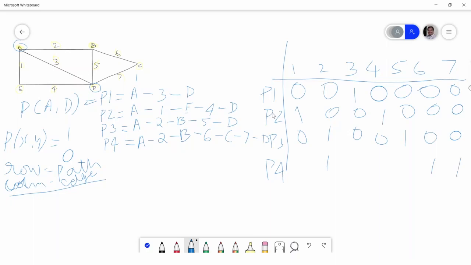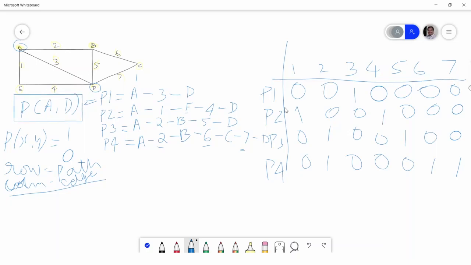Edges 2, 6 and 7. Rest all you write as zeros. So we have got the path matrix between A and D.